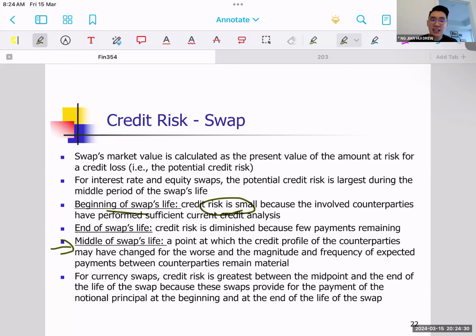Because of these changes in dynamics, there can be a sudden shift in whether the party can still pay up the swap cash flows as required on a yearly basis. This causes a lot of credit risk issues, whether the counterparty can maintain a swap position. And so in the middle life of a swap, that's where your credit risk is the highest.